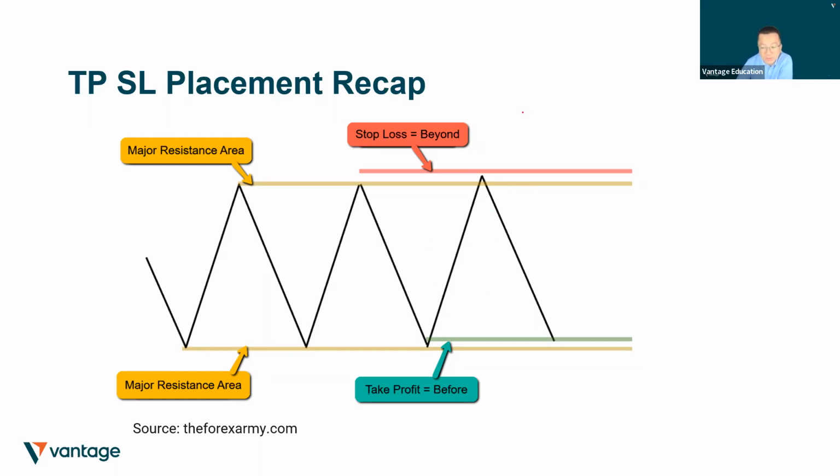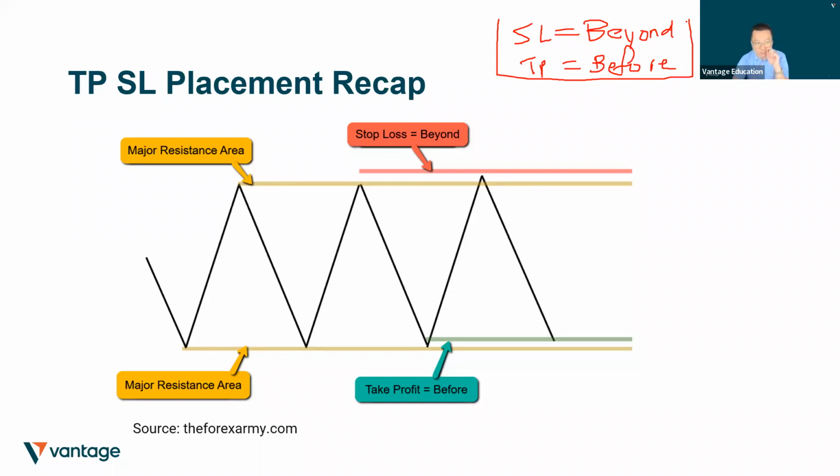Very simple tagline to remember. So stop loss is beyond. I'm trying to write with a mouse, so it's terrible. And take profit is before. Okay, so just remember that.